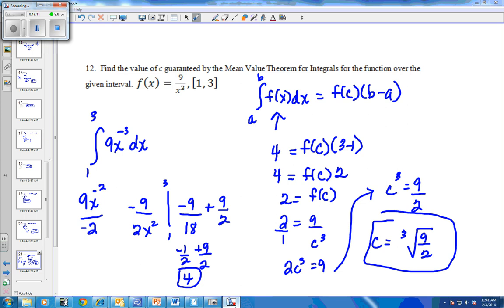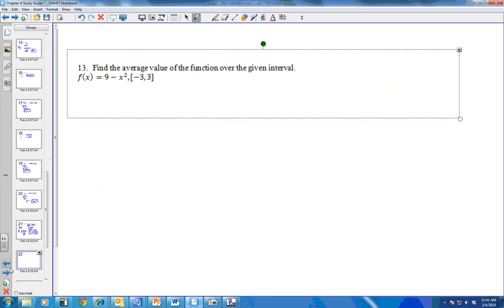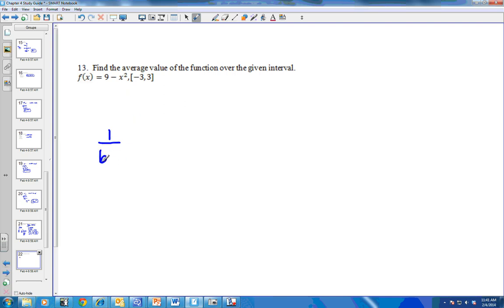Okay, number 13. Find the average value of the function. So we should know what the formula for average value is. 1 over b minus a times the integral from a to b of my f of x.